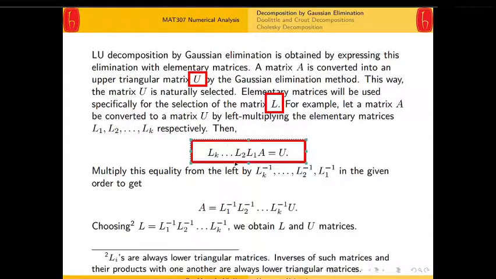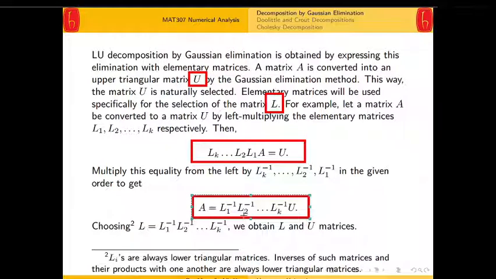Once we do that, we will obtain just A on the left. On the right, we will have some sort of matrix products. So we choose L is equal to the product of L1 inverse, L2 inverse, and so on, up to Lk inverse. This way we obtain matrices L and U.